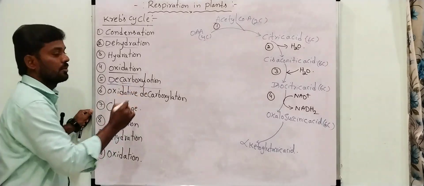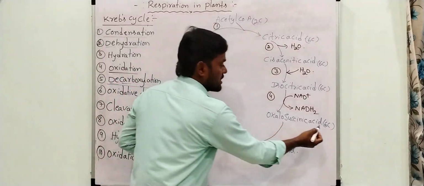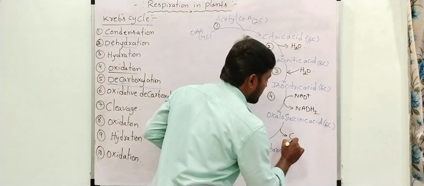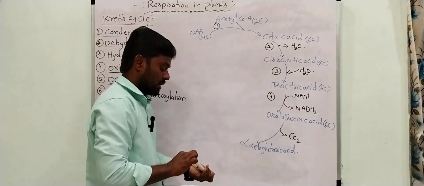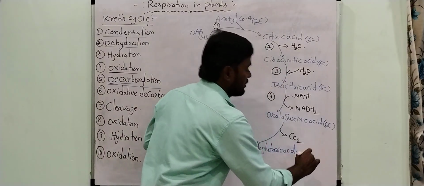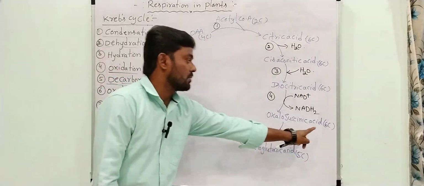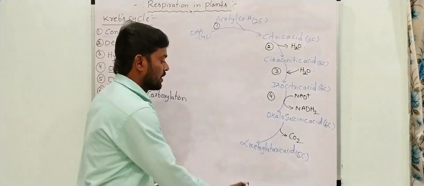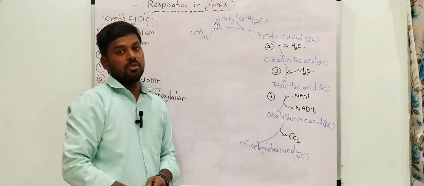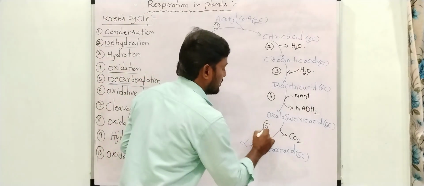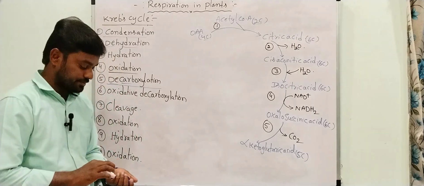What is removed? Carbon. So from this 6 carbon compound, one carbon is lost in the form of carbon dioxide. Alpha ketoglutaric acid is a 5 carbon compound. So this is the fifth reaction of the Krebs cycle.